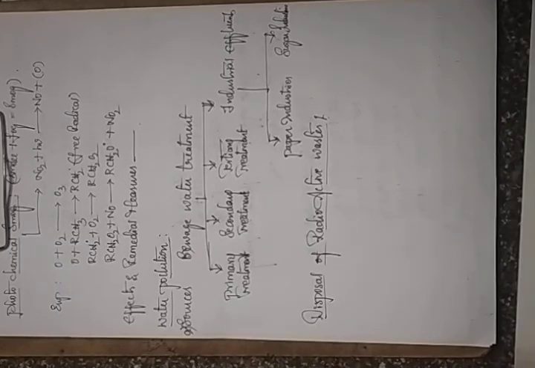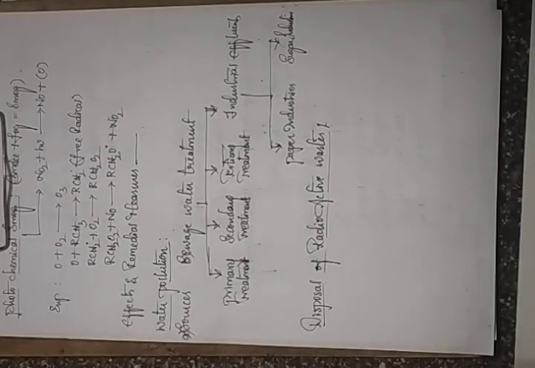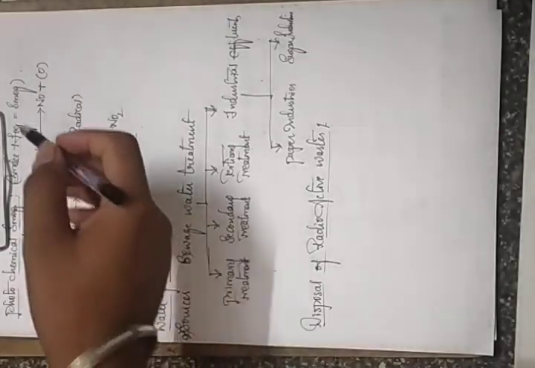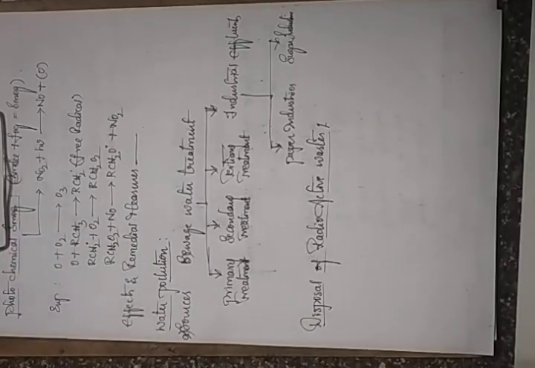These are called primary pollutants, which themselves are not very harmful. Secondary pollutants are formed photochemically from primary pollutants and are responsible for the formation of smog. How smog is formed: NO2, that is nitrogen dioxide, on reaction with sunlight forms nitrogen monoxide plus nascent oxygen.